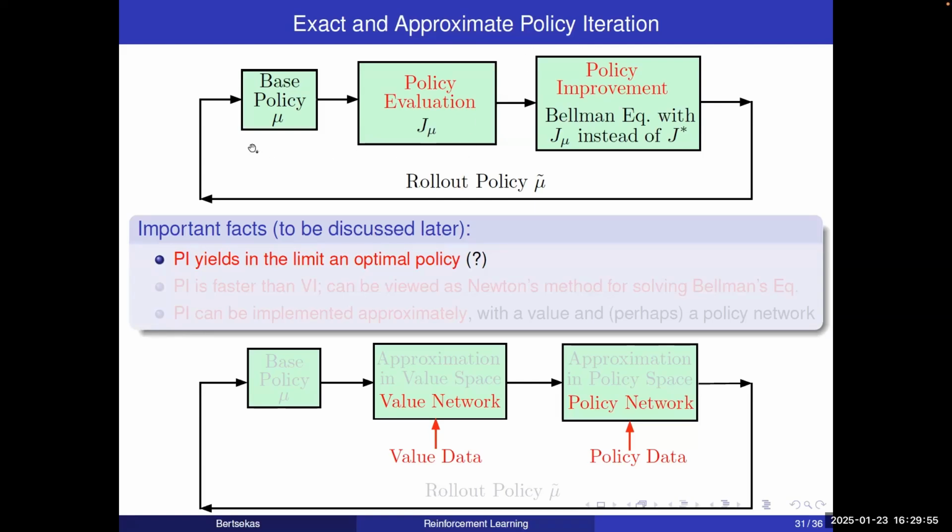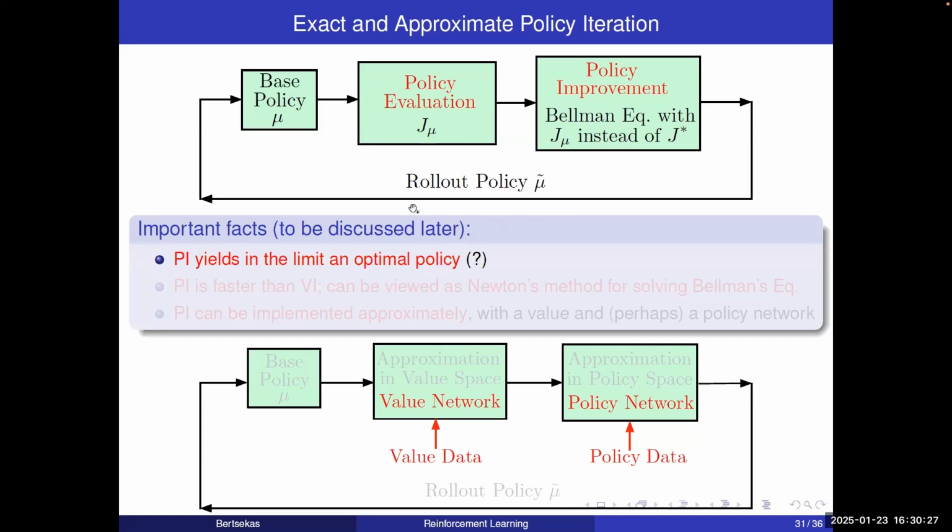So let's focus on the exact policy iteration first. Starting with a base policy mu, we perform the policy evaluation step in order to compute its cost function J mu. Then we perform the policy improvement step, whereby we use J mu in place of J star in Bellman's equation and find the control that attains the minimum.